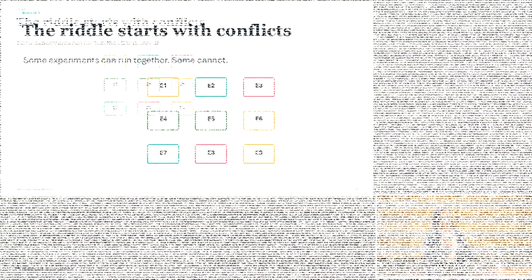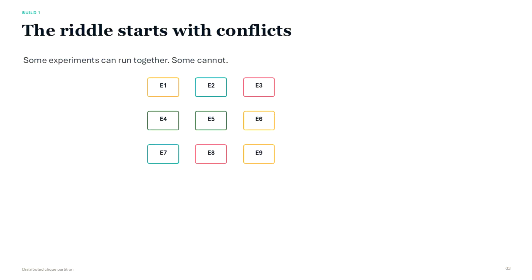I, as a biologist, need, I don't know, a microscope for my experiment, and you also need a microscope for your experiment. So we have conflicts: experiment 1 and experiment 2 require the same microscope. Experiment 4 and experiment 9, I don't know, require the same centrifuge, I guess.